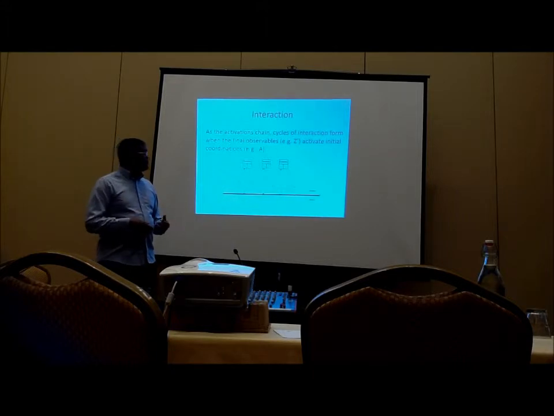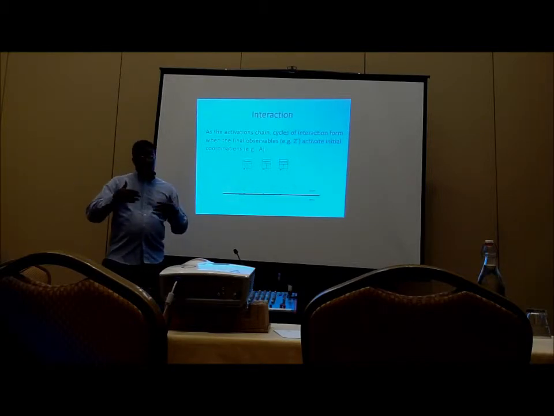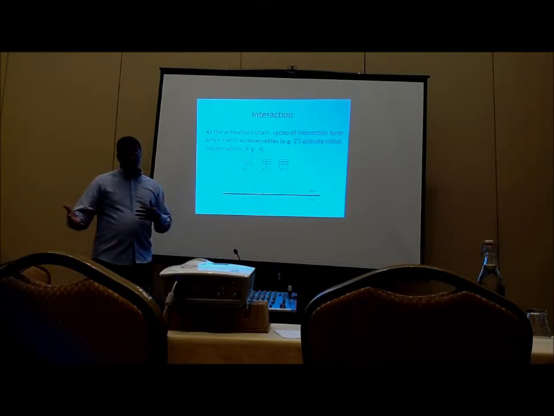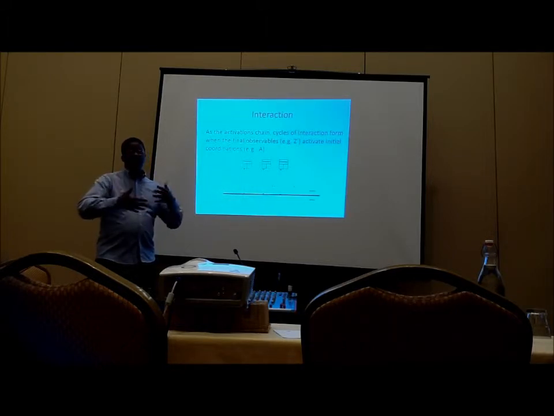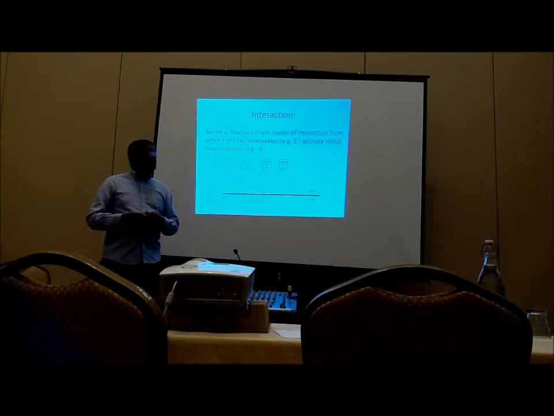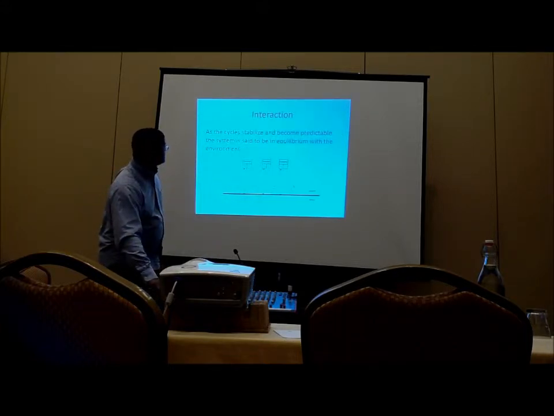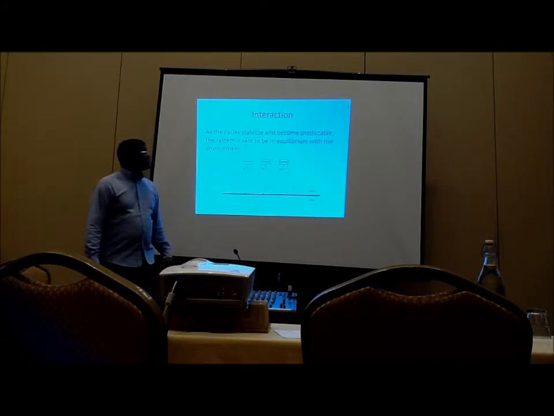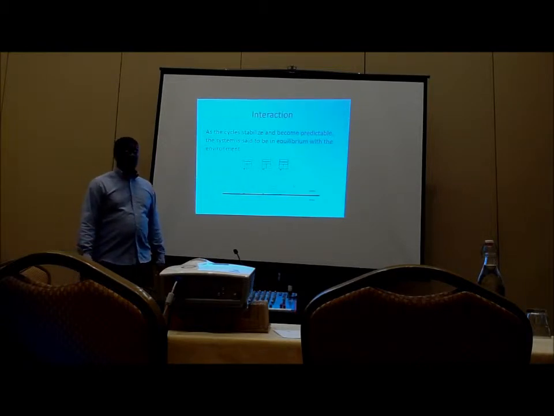As the activations chain, cycles of interaction form, when the final observables, for example Z prime, activate the initial coordinations, for example A. So it was very important to be able to have the external elements activate internal elements, and then have these activations chain and form these cycles of interaction. As the cycles of interaction stabilize and become predictable, the system is said to be in equilibrium with the environment.